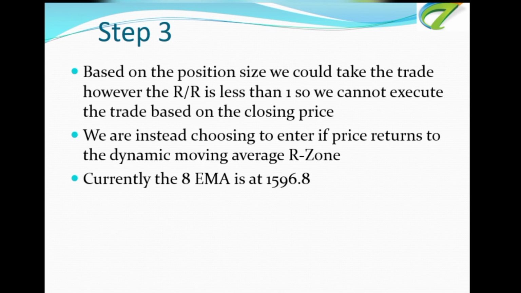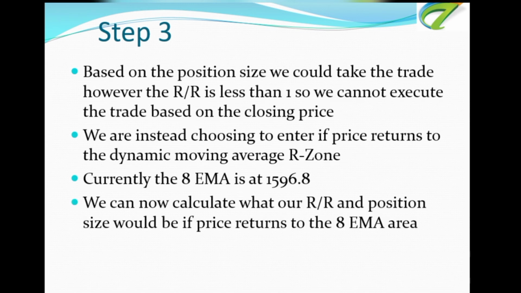Currently, the 8 EMA is at 1596.8. We can now calculate what our reward to risk ratio and position size would be if price returns to the 8 EMA area, because it will have retraced a bit, resulting in less distance from the stop and giving enhancement to the reward to risk ratio.